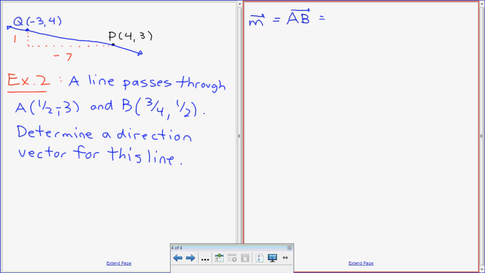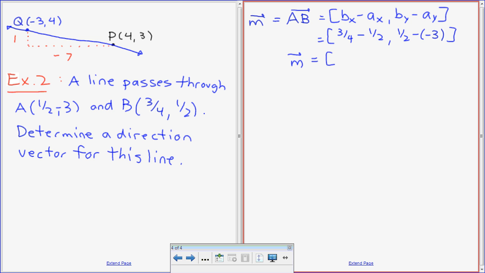So it's going to be BX minus AX and BY minus AY, which in this case is going to be 3/4 minus 1/2 and 1/2 minus -3. So your slope is going to equal 1/4 and 3 1/2.